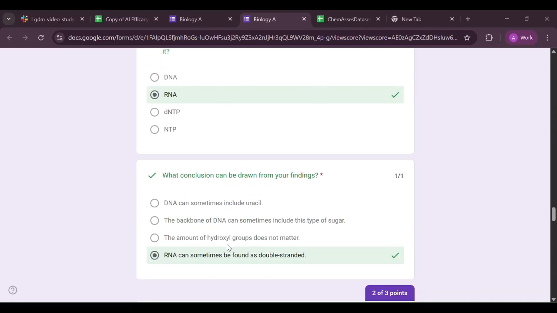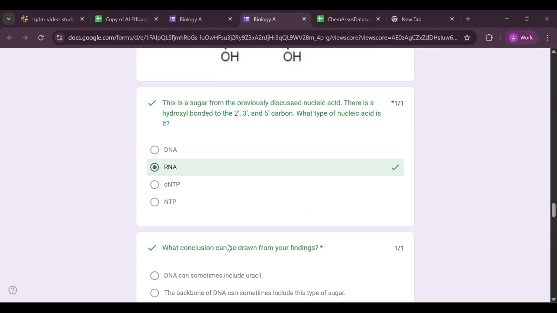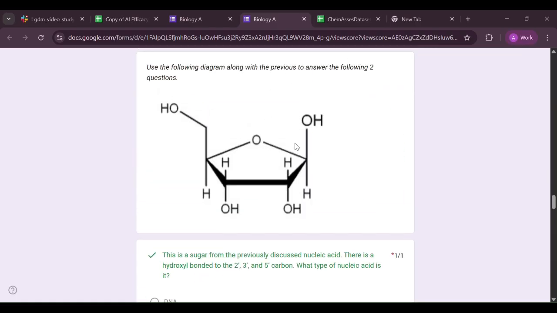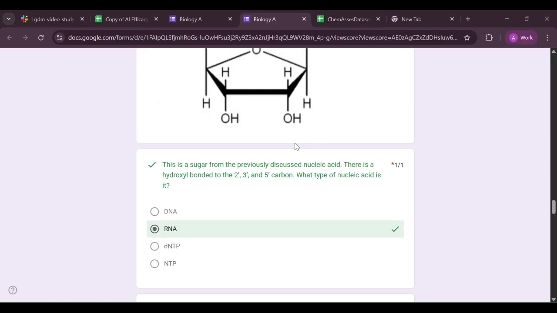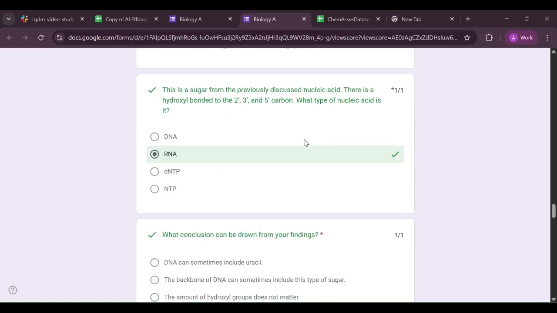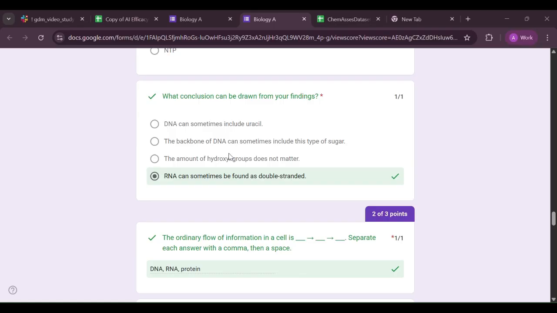Followed by, what conclusion can be drawn from our findings? We can say that DNA can never include uracil because it has thymine as a base in place of uracil. The backbone of DNA can sometimes include this type of sugar, which is totally not the case, as it is present in RNA, and it is not a deoxyribose sugar, therefore it is not present in DNA at all.